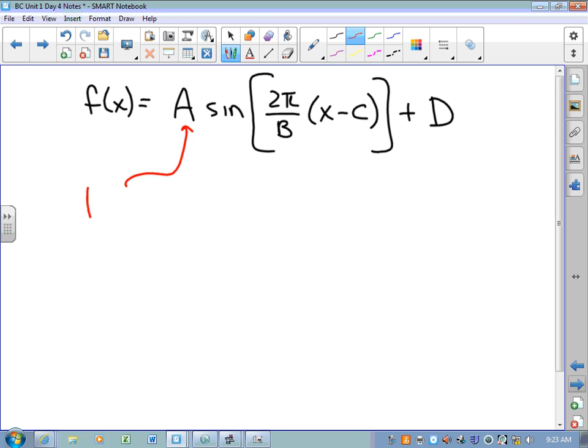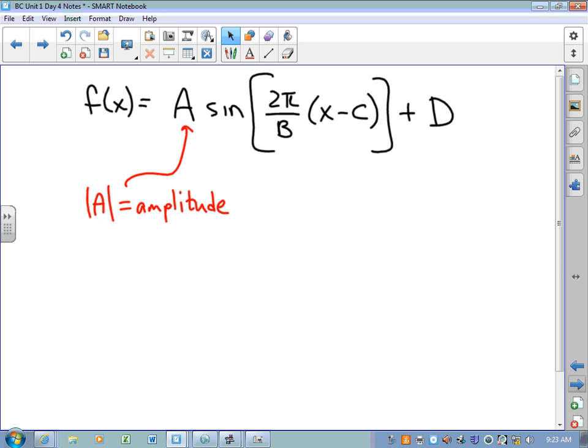This number in front, the absolute value of a, is traditionally called the amplitude of a sine or a cosine function. Absolute value of a is the amplitude because amplitude is a distance and that's always positive. So even though a itself may be negative, the amplitude is always positive.